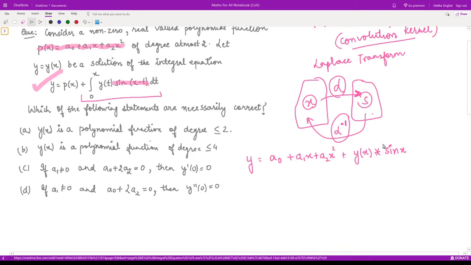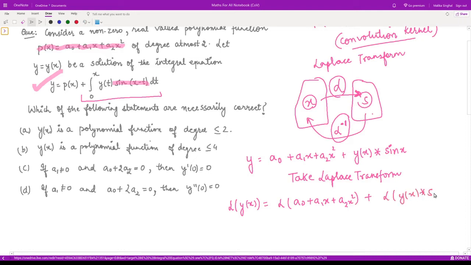Now we can take the Laplace transform on both sides. We would have the Laplace of y of x equal to the Laplace of a0 plus a1x plus a2x square, plus the Laplace of y of x convolved with sine of x.